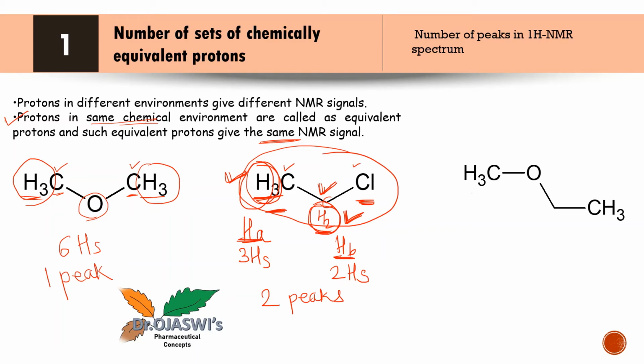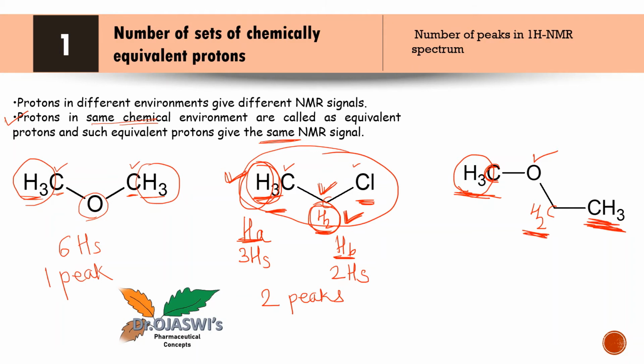So CH3 attached to O, then it is CH2 and CH3. Now you may say that this is also CH3, this is also CH3, but we have to see the neighborhood of these hydrogens. These hydrogens are present on this carbon, but on the adjacent side of this carbon there is oxygen, which is electronegative, while adjacent to this CH3 group there is CH2.